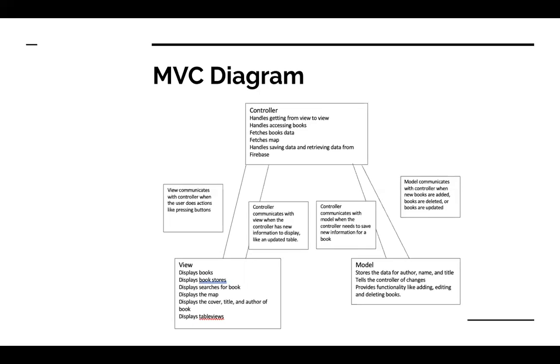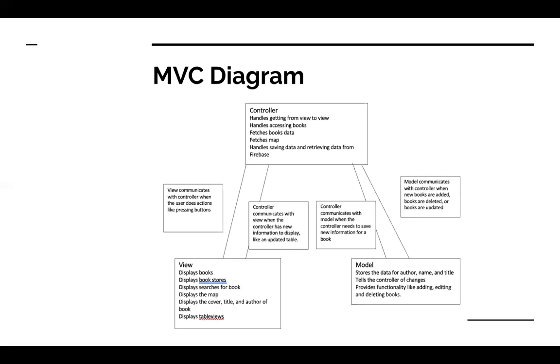So that controller is going to be responsible for getting from view to view, accessing those books, fetching any data it needs, fetching the maps, and handling saving and retrieving data from Firebase. And so that controller is going to communicate with the view when the controller has new information to display, like an updated table.